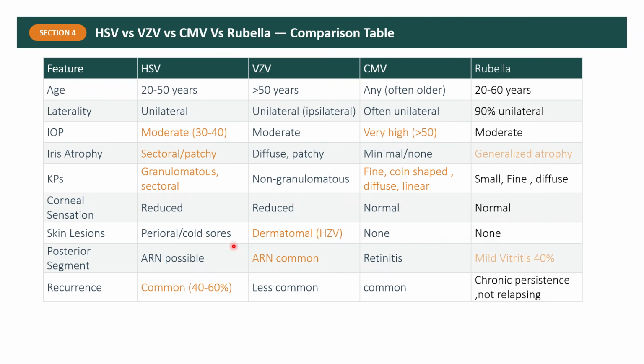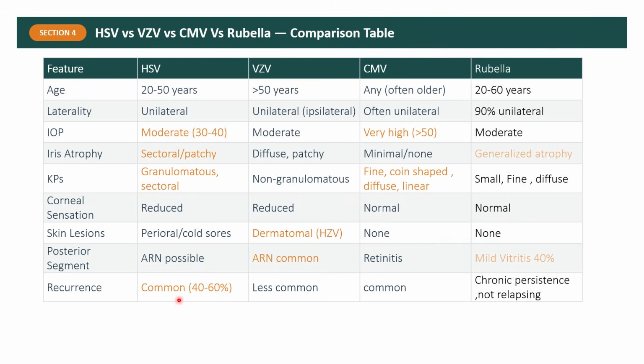Regarding posterior segment involvement, if the patient is immunosuppressed with fulminant infection, they will have acute retinal necrosis. In rubella, there might be mild vitritis in 40% of the cases. As we said, this is not intermediate uveitis. It is just spillover of some inflammatory cells to the anterior vitreous face, with no associated snowballs or snow opacities.